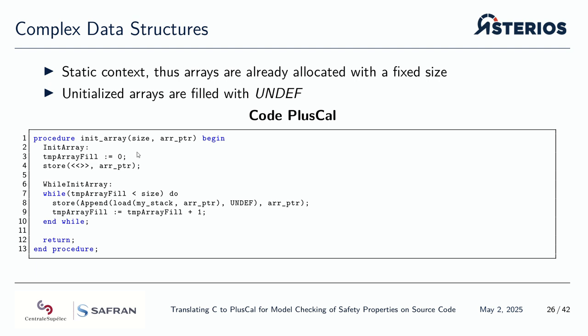We pass to it the size of the array and the pointer that should represent the array in the program. It will use a while loop with a global variable to fill the array with the correct number of undef values. This is the way that we simulate the pre-allocation of arrays in our memories.